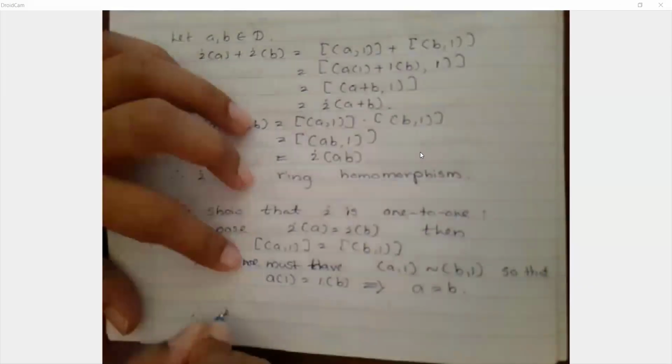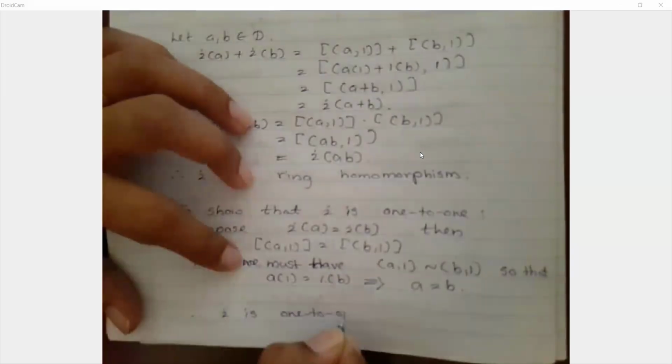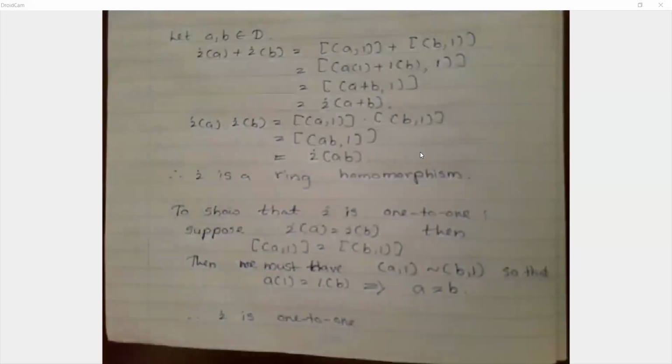Therefore, I is 1 to 1. Now, I is an isomorphism. If we consider the range, since this is 1 to 1, then D will be isomorphic with I of D because I is onto its range, right?